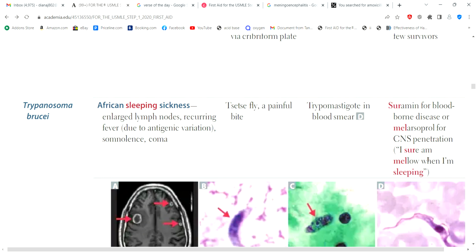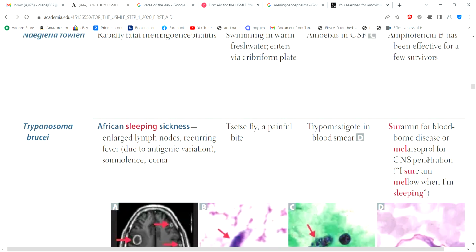So it causes enlarged lymph nodes, recurring fever due to antigenic variation, somnolence, and coma, and is carried by the tsetse fly. After biting the patient, the parasite moves from the blood to the lymph nodes, so the patient gets cervical and axillary lymphadenopathy.